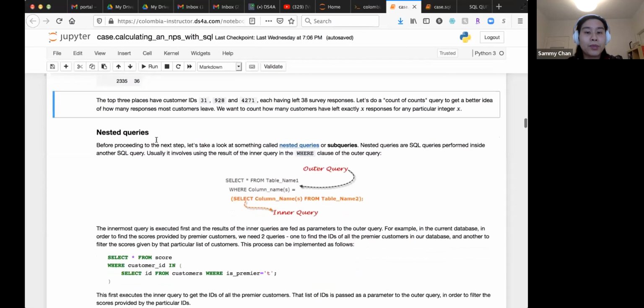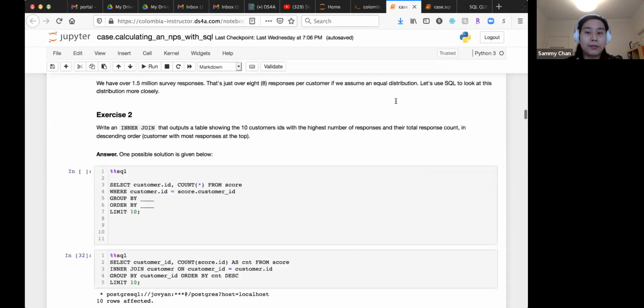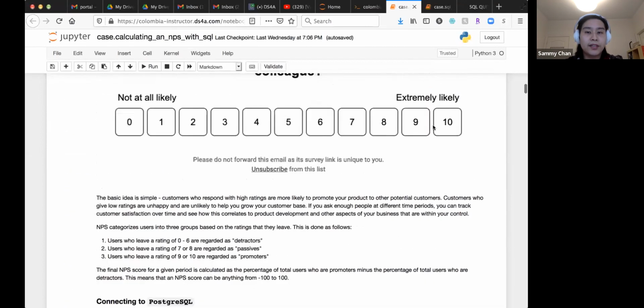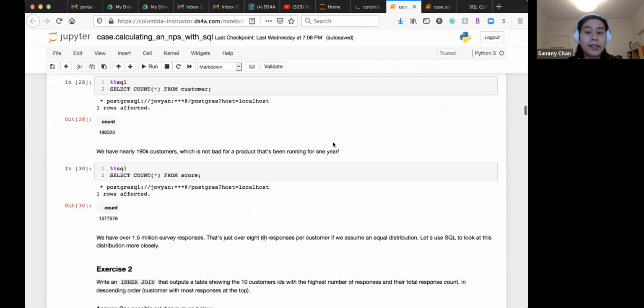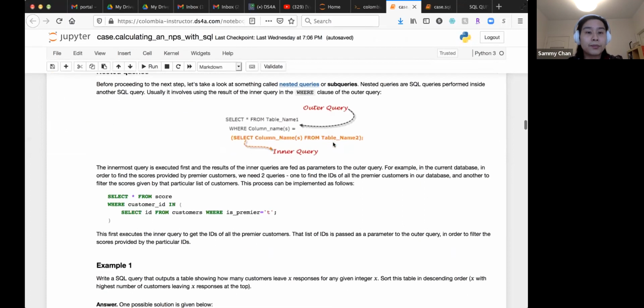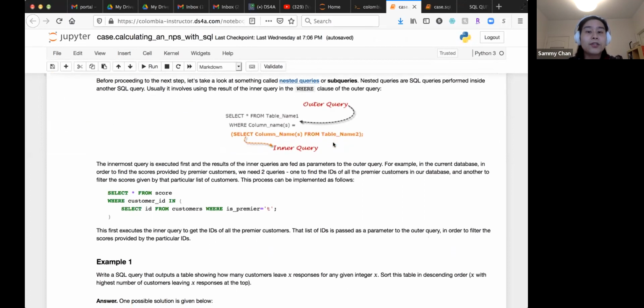So what we want to count here is exactly how many customers left a particular integer between 0 and 10 in their number of responses.